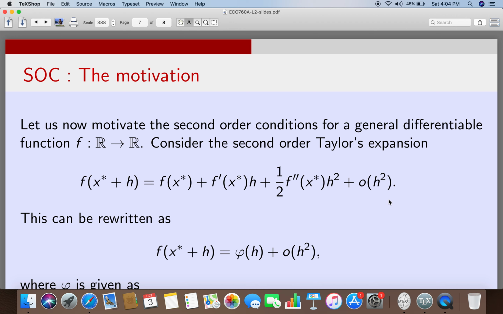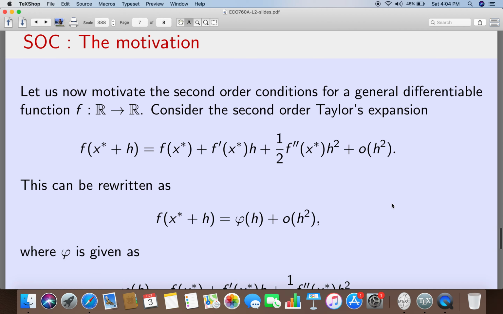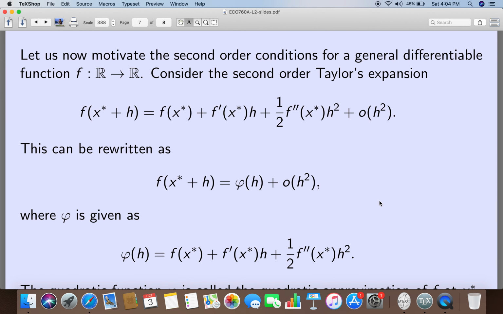So o of h square goes to 0 faster than h square, which means pretty fast. So I can write this as phi of h plus o of h square. So if you forget this o of h square, if you cut it off, f of x star plus f dash x star h plus half f double dash x star h square is actually a quadratic function in h.